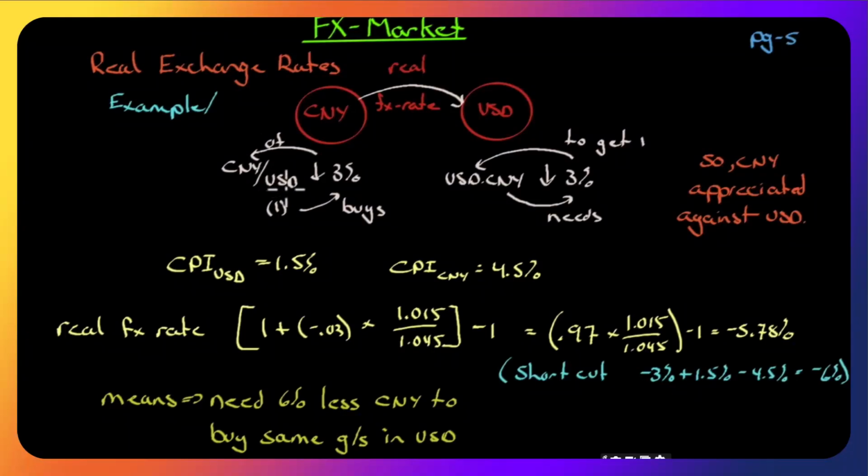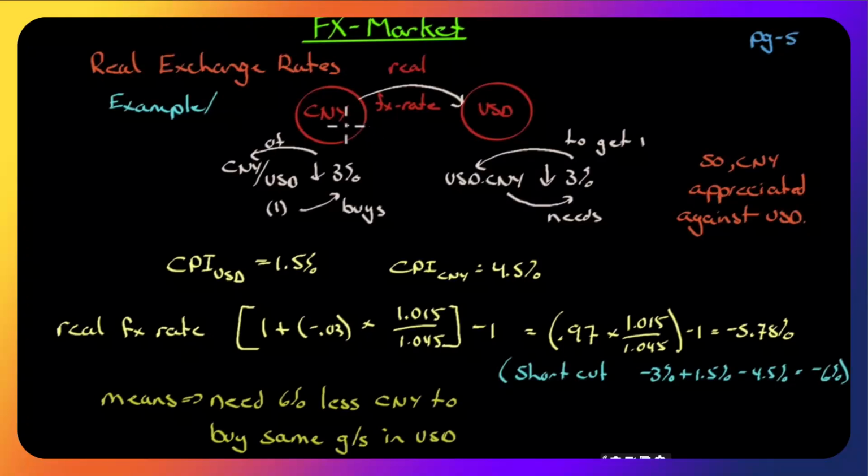So the US dollar has lost some ability to buy yuan, right? Expressed this way, for Chinese yuan, what it's saying here is that we need 3% fewer Chinese yuan to buy $1 US. You can say it whichever way you want. So the yuan has appreciated against the US dollar, or the US dollar has depreciated against the yuan. Get it straight in your head what's going on first, right?